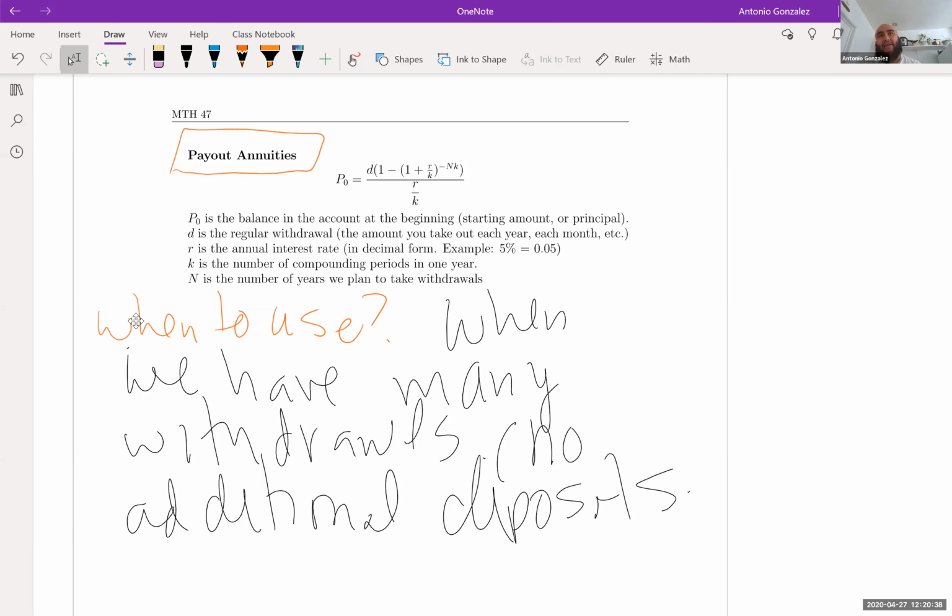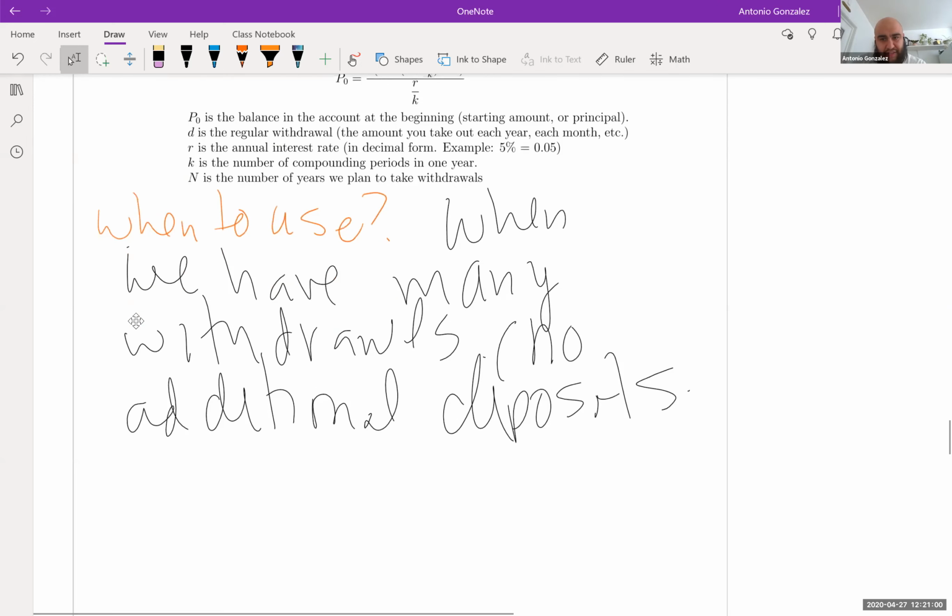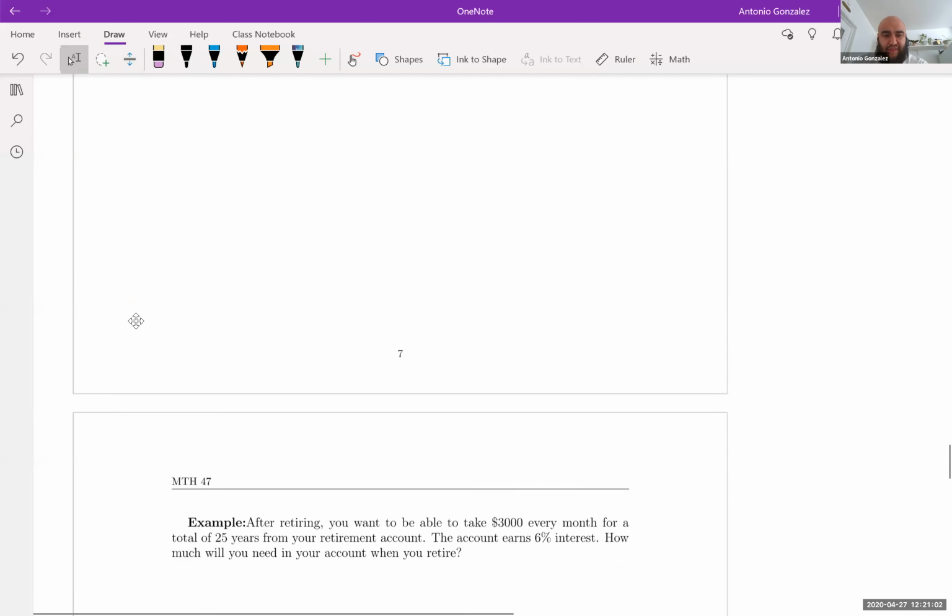Here the opposite effect happens: as you withdraw the money, it's earning less and less interest because there's less money in there, and there are no additional deposits being made. That initial amount is fixed, and after that it just keeps dwindling down. So let's take a look at an example of using this formula.